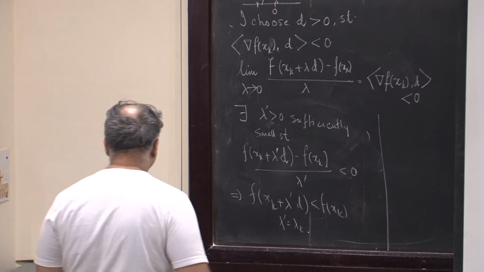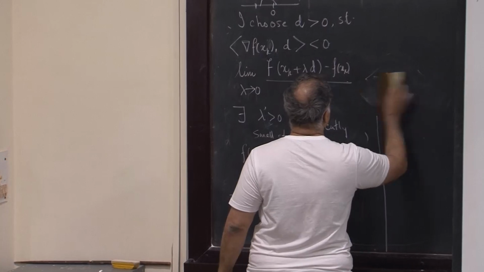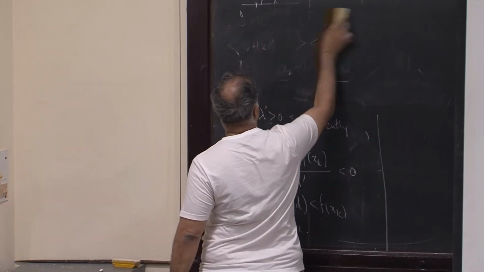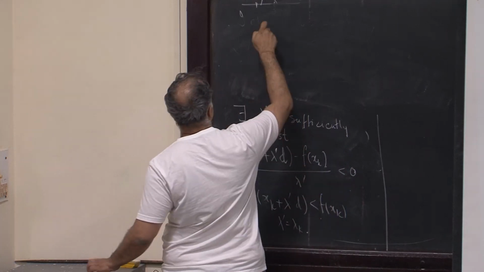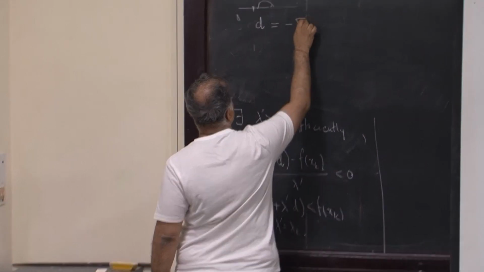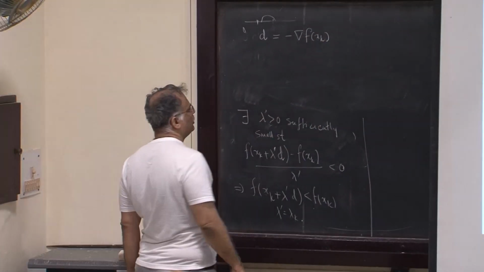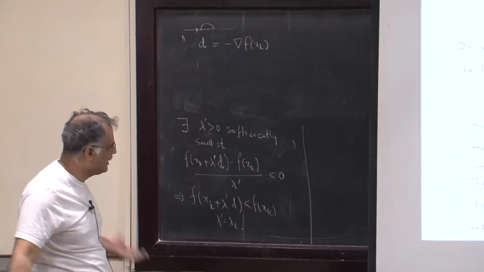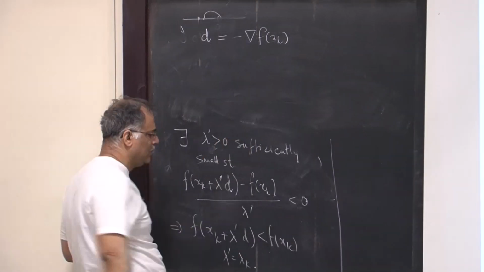In order to do so, a very important idea is to choose d to be the negative of the gradient at x k. That is called the steepest descent method. I will only tell you about two unconstrained methods. So at x k you can choose a descent direction, d k in fact if you want, it does not matter.